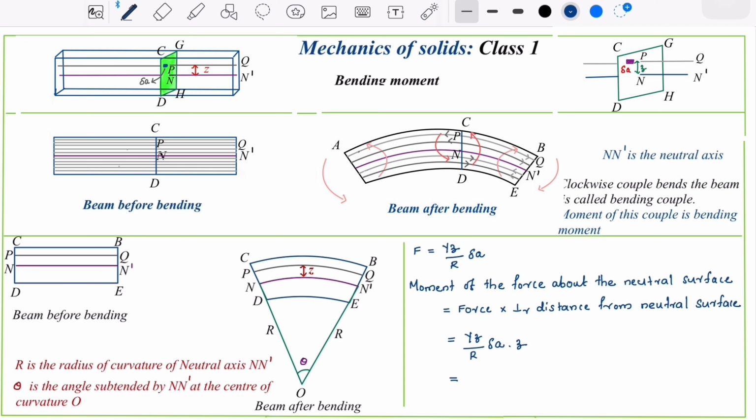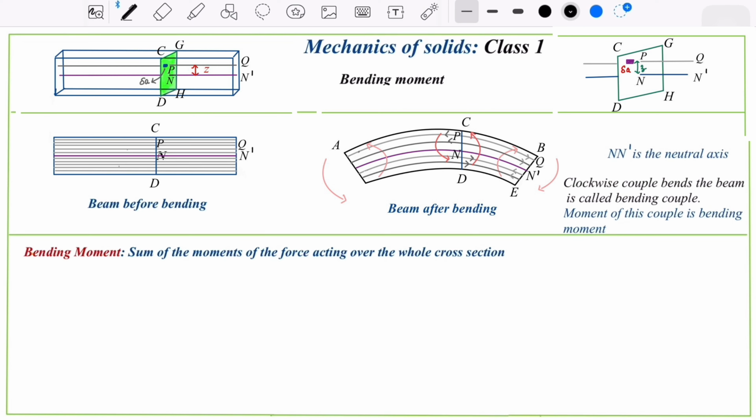So we can say that the moment of the force about the neutral surface is YZ by R into delta A into perpendicular distance, that is Z. So this is YZ square by R into delta A. This is the moment of the force about the neutral surface that is acting on the small area delta A.